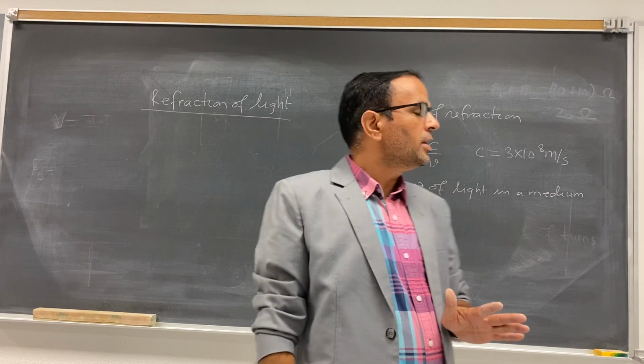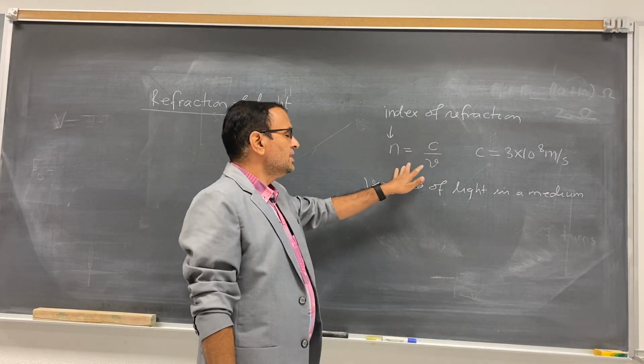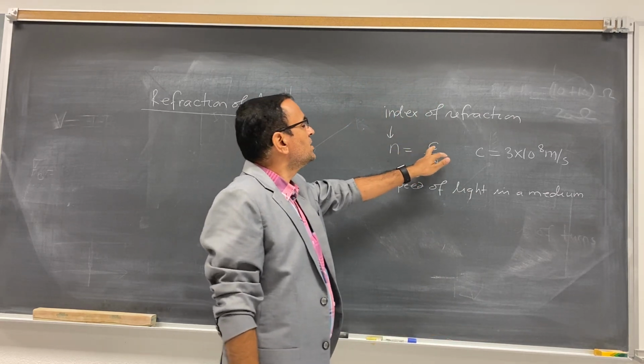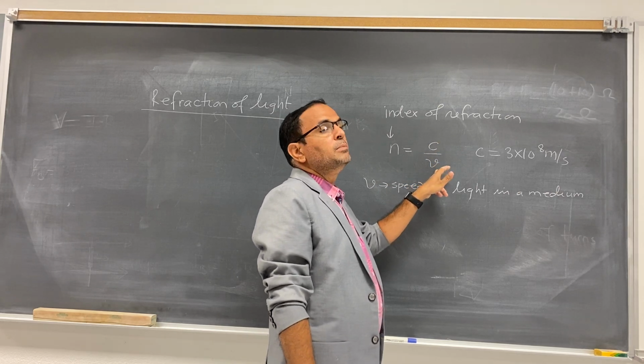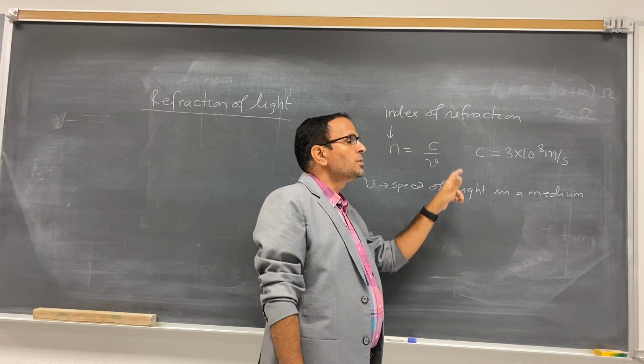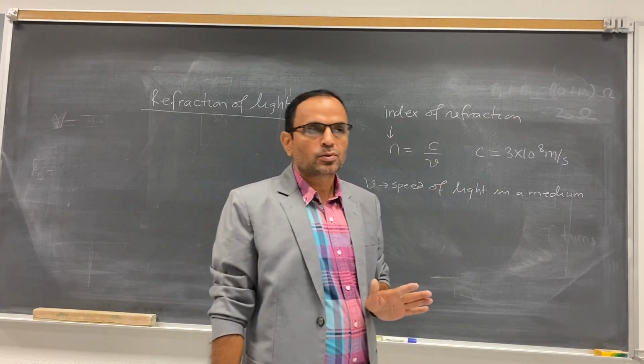So this is the index of refraction. It is the ratio of the speed of light in the vacuum divided by the speed of light in the medium. Meter per second divided by meter per second, no unit, it is a dimensionless quantity.